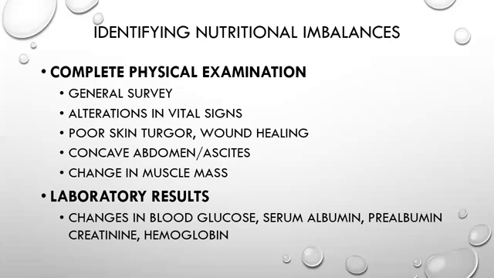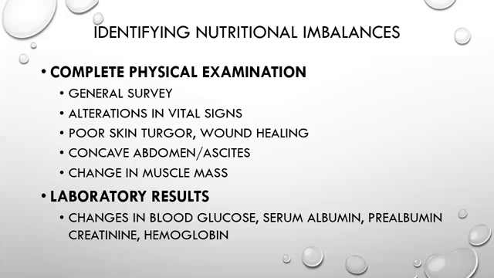A half-life is the time that it takes for half of this. Typically you see half-life used in relation to medication. So half-life is the time that it takes for half of the medication to be out of the system, okay? So prealbumin has a shorter half-life than albumin, which is why it's a better indicator of malnutrition, right?